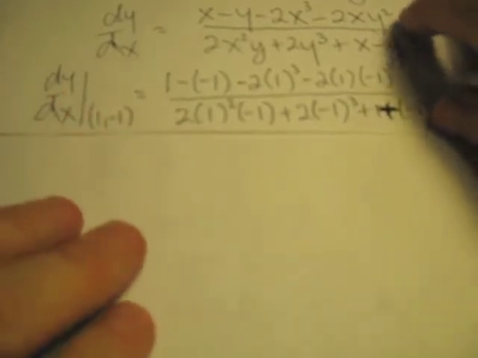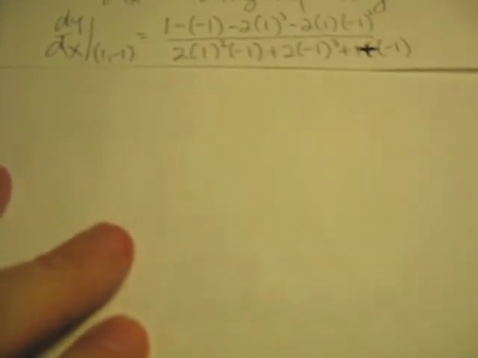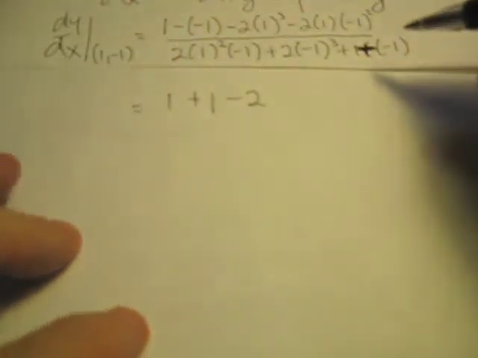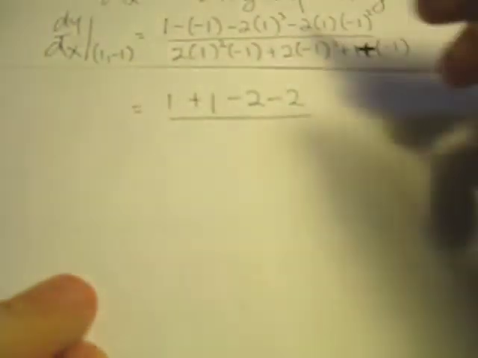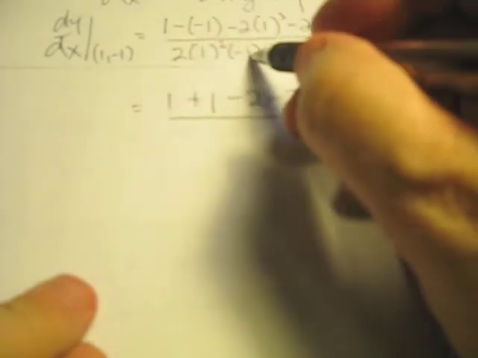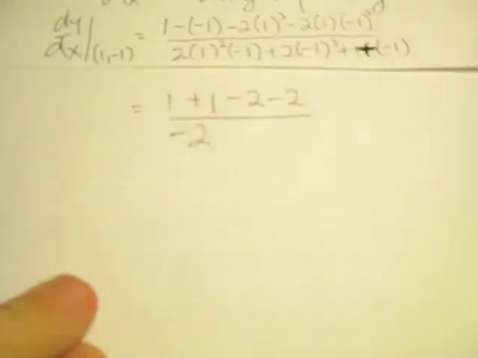Alright, so let's do that. This is equal to then 1 plus 1 subtract 2, and here we have 1, so we're going to have subtract 2 again. Let's be careful of this one. We have 2 by this, so it'll be negative 2.